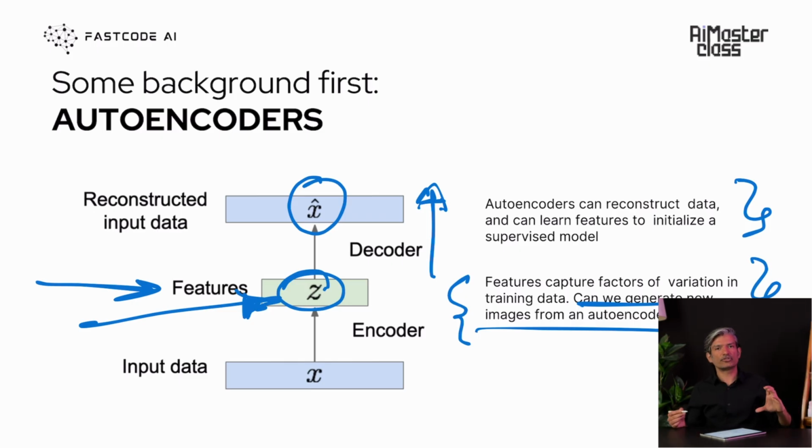Z has some distribution, and we do not have control over this distribution. We do not know how to sample from Z, because we might come up with a random vector, but it may not be in the distribution of Z. So the whole question is, is there a way to know how to sample from Z?